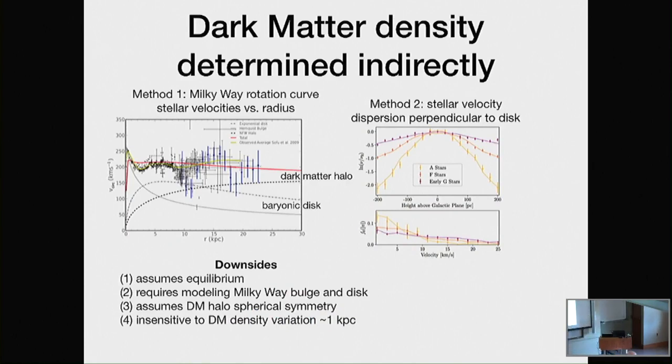Here's a really complicated, ugly picture showing forward modeling of the galactic rotation curves. But in fact, what's typically done is to look at the distribution of stellar velocities and, using the virial theorem and assuming equilibrium and all kinds of things, go from a distribution of velocities to a local acceleration.